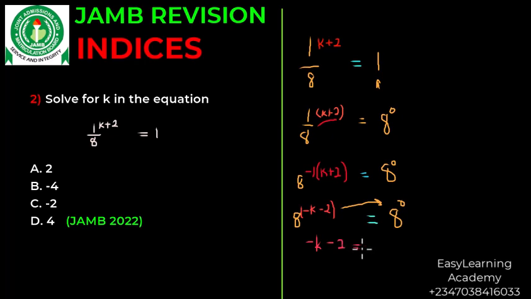Is equal to 0. Okay, so we can keep it as minus k, collecting like terms. Minus k is equal to 0, and when this crosses over, it's going to become plus 2. So we just have it here as plus 2.